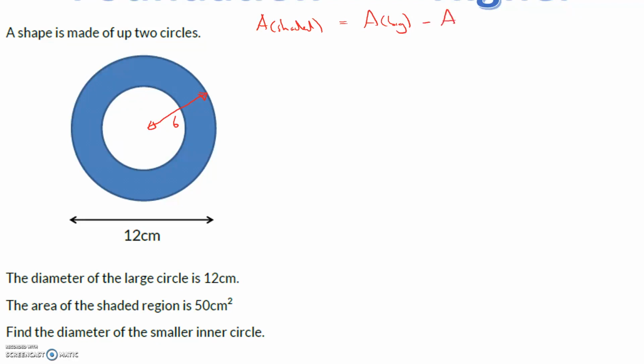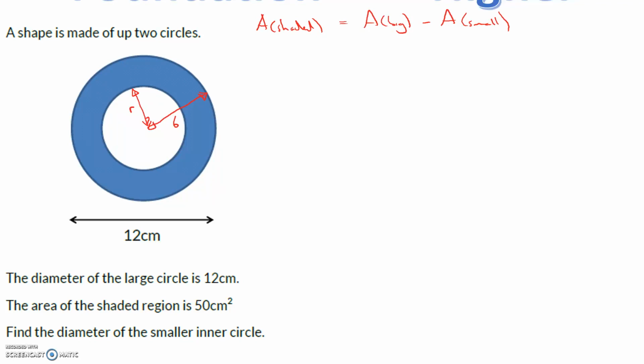Subtract the area of the small circle. And by the small circle, I'm talking about this circle here with radius unknown. Okay, the area of that shaded part has got to be the area of the whole thing. That's to the outside edge of the blue thing. Subtract the area of the little white bit in the middle.